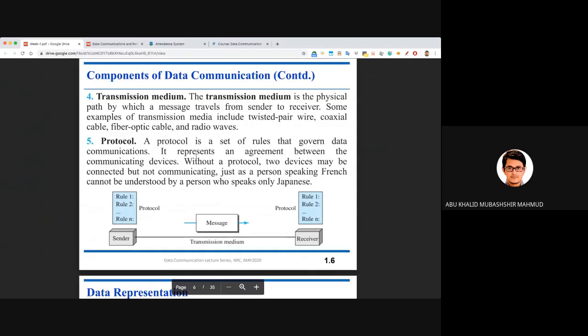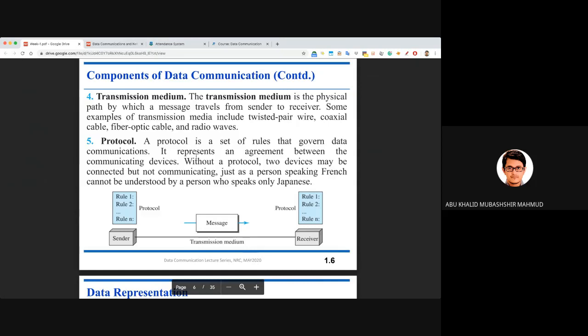Transmission medium. The transmission medium is the physical medium that actually carries our message. What we are doing in this class, that is online platform, is transmitting our messages via the internet, and that is our transmission medium.